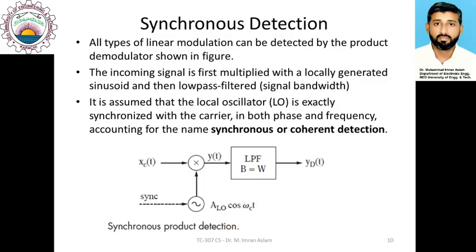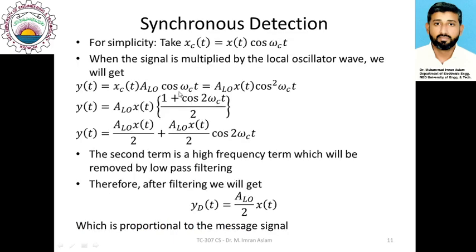You should notice that in order to do this synchronous detection, we need two operations. One is the multiplication of the message signal with the local oscillator signal, and then we use low pass filtering. We have previously discussed that if you multiply with cos omega_c t, it becomes cos squared omega_c t, which generates two terms.